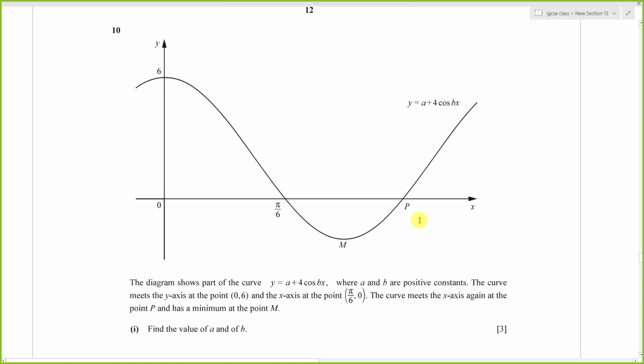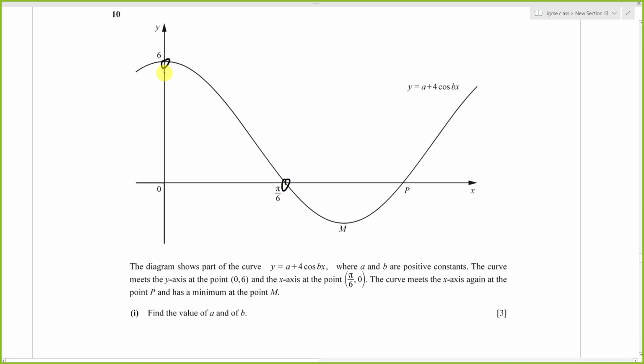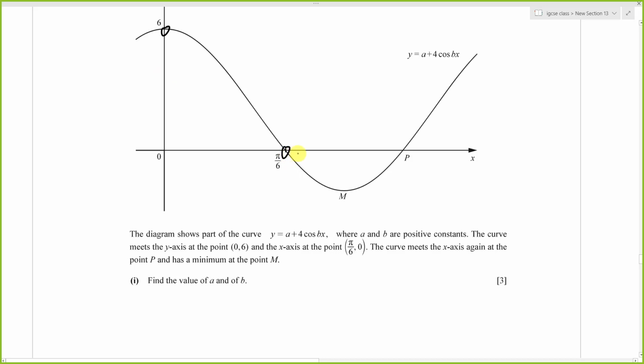So from here, I think we can just do some substitution to solve it. No need to overthink so much. I'm going to use these two coordinates which I have. Okay, so I will use this one first.